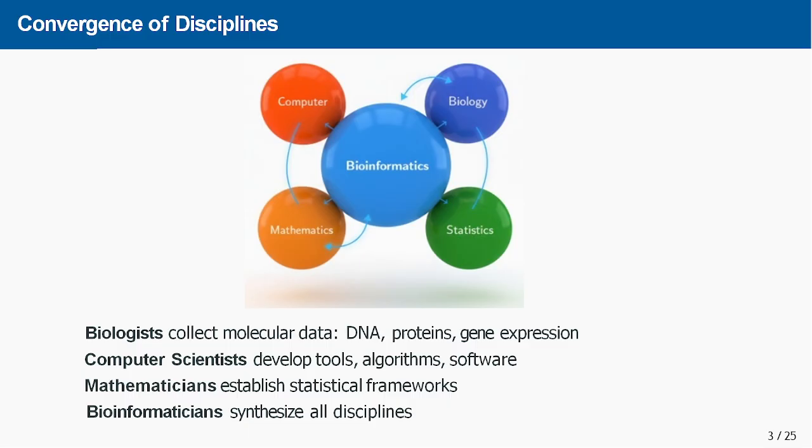Analyzing those data, computer scientists will develop tools, algorithms, and software, and they will try to analyze the sequence and the patterns collected by the biologist. Then the mathematician will establish the statistical framework and the mathematical models, and finally the bioinformaticians will synthesize all the disciplines, what has been collected, analyzed and modeled by the above three.